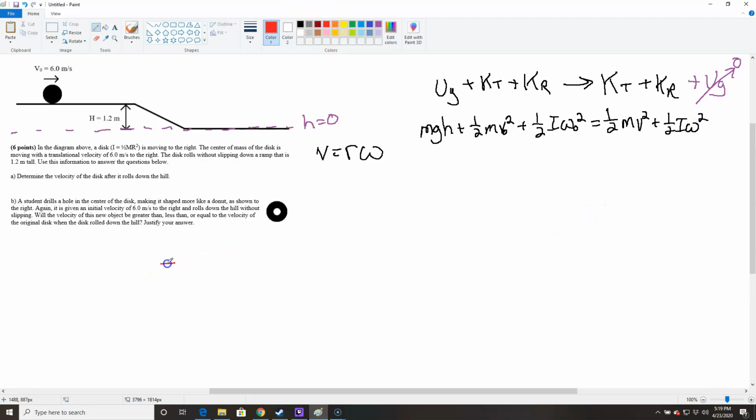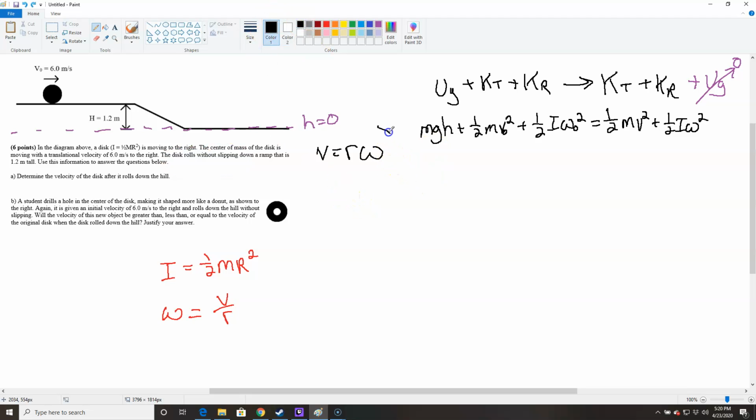For the value of I, I'm going to plug in a 1/2 mr squared, and for omega, I'm going to plug in a v over r. I can do the omega substitution because it tells me that this rolls without slipping right here.